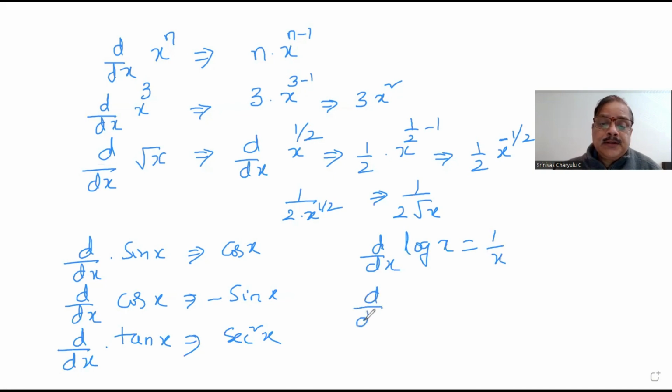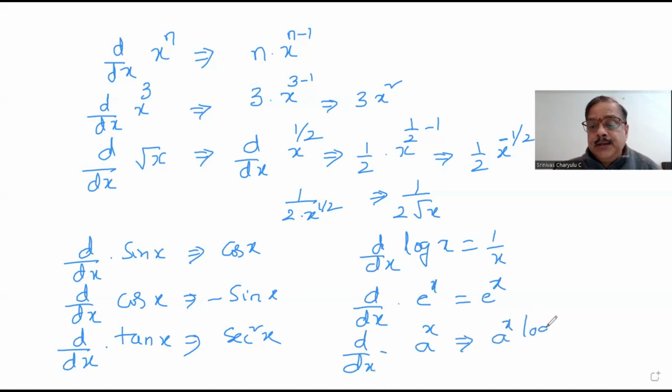Then e to the power of x also we have done. That is nothing but e to the power of x itself. Then we ended with d by dx of a to the power of x, which we concluded as a to the power of x log a. So these are the basic things we did. We have to use this knowledge in our further sums.